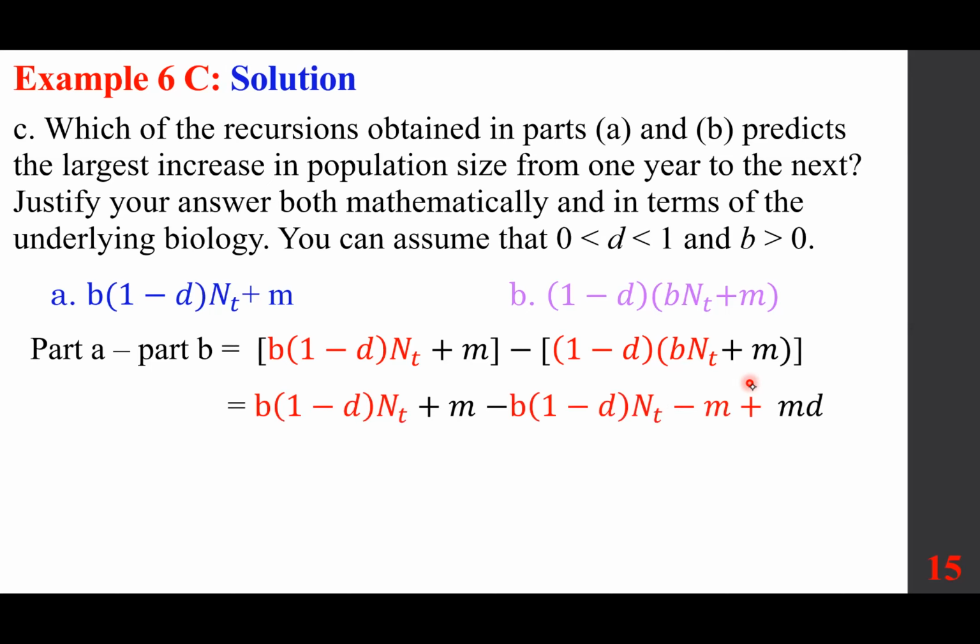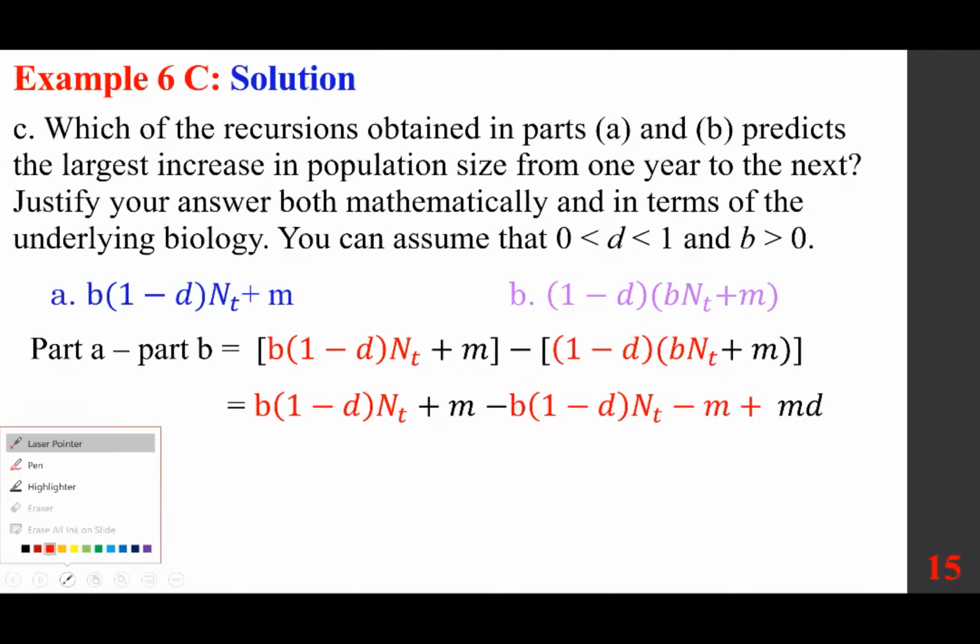Again, there are different ways of writing it. All you have to do is simplify this process. So this one you can keep. This one is plus M. Then we have minus, if you multiply these two, B times 1 minus D times N sub T.